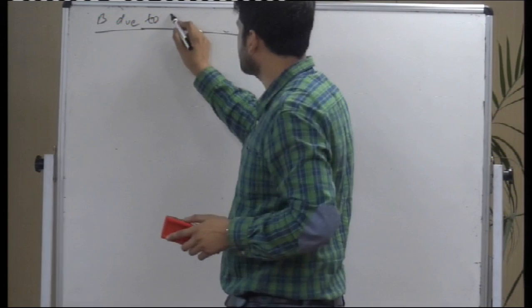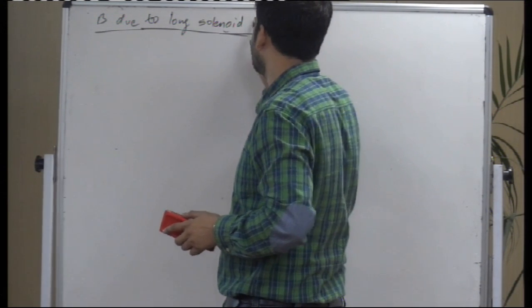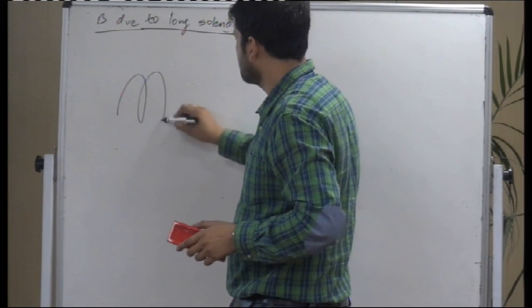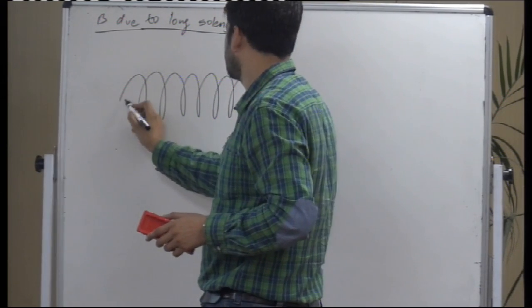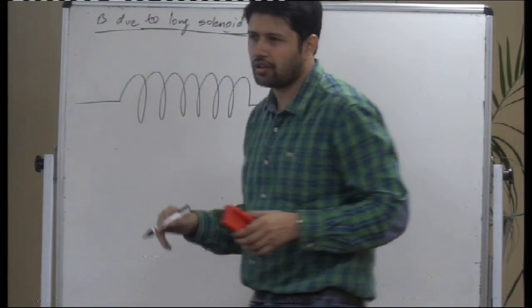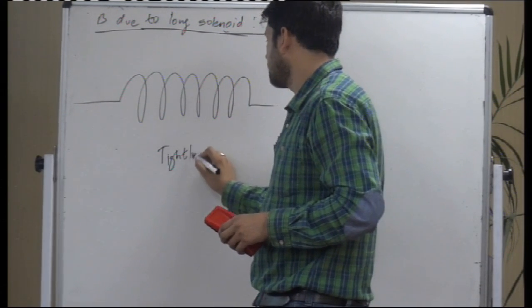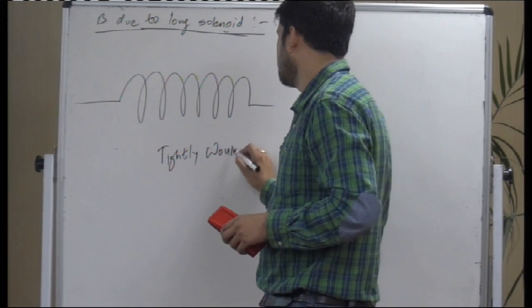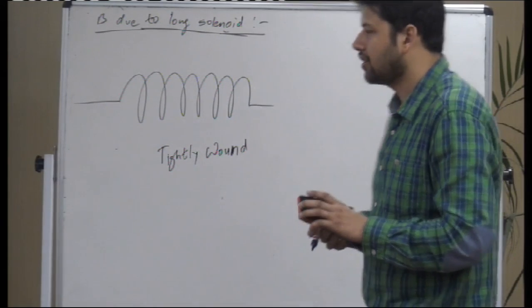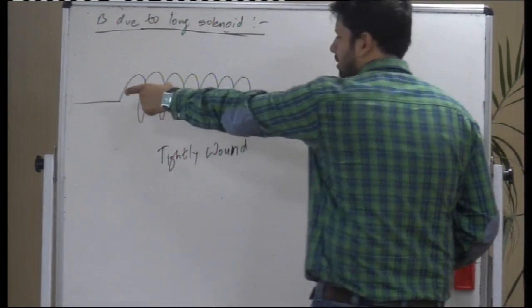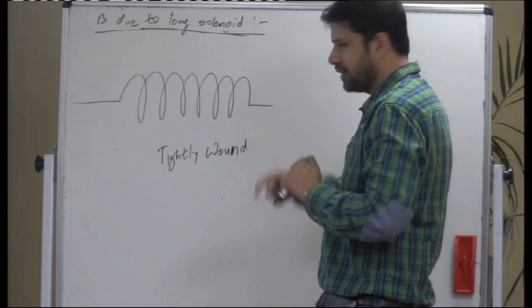Now let's have this for a long solenoid. This is a solenoid, tightly wound it should be actually. For our drawing purposes, we are showing some space between the two turns, but it would be tightly wound, with no space.